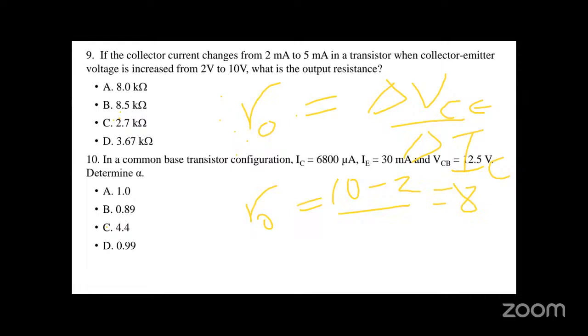And then the change in the current is 3 milliamp. 3 milliamp is 0.003. So that will give us 8 divided by 3, that's 2.667 kilo.